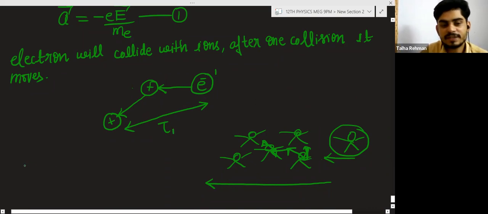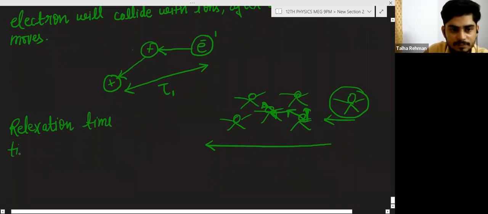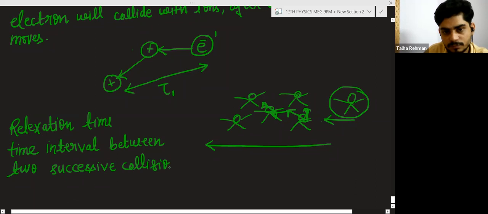The relaxation time is the time interval between two successive collisions of electrons with ions.